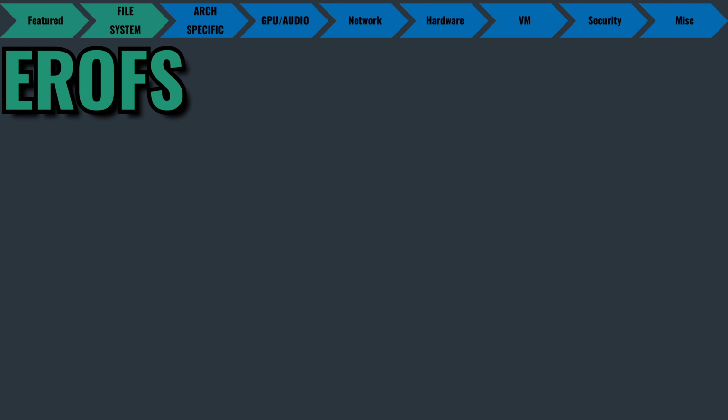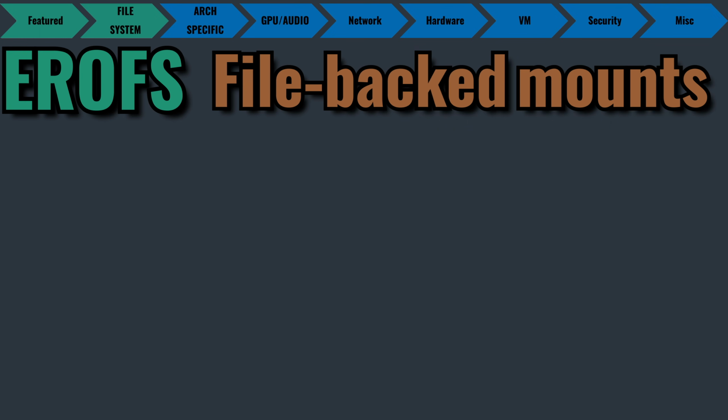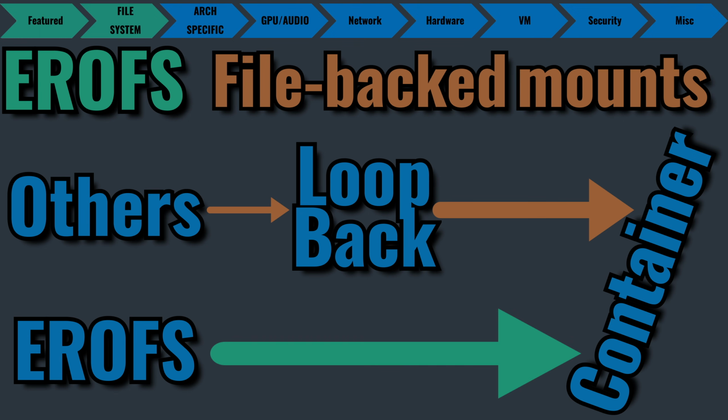Now what it gains today is the support for file-backed mounts. What it means and what it will be used for is to be able to mount the image from the file system without having to make any other loopback block device or any other things in memory that you wouldn't want to manage.